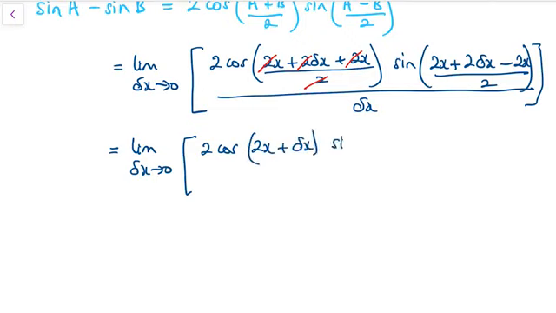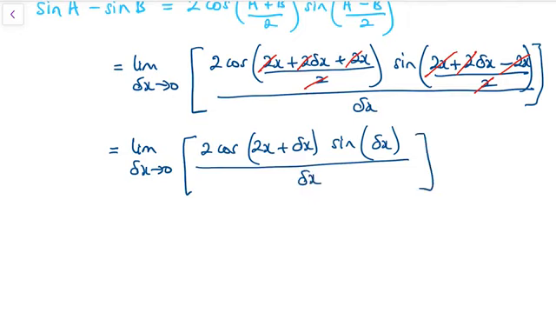And then we've got the sin. We've also got a factor of 2 we can deal with. The 2x and the negative 2x will just cancel, and these 2's here will cancel, just leaving me with the delta x. That's still all over delta x, bracket on the end.